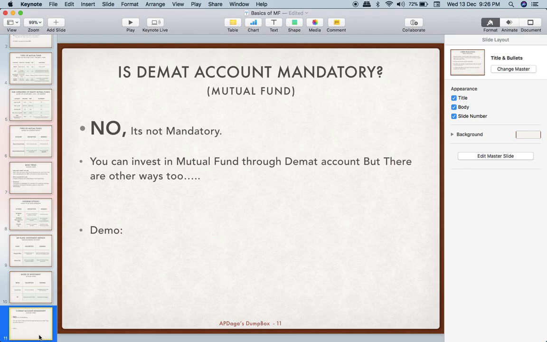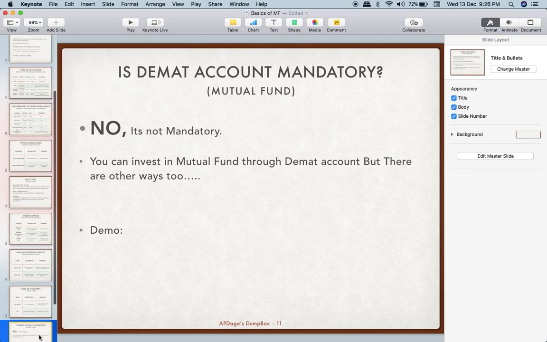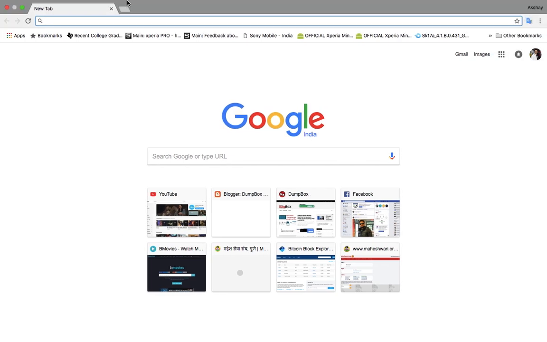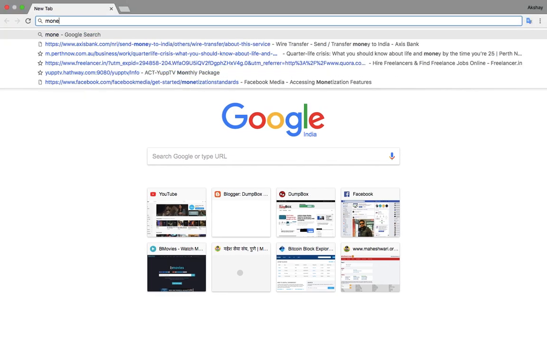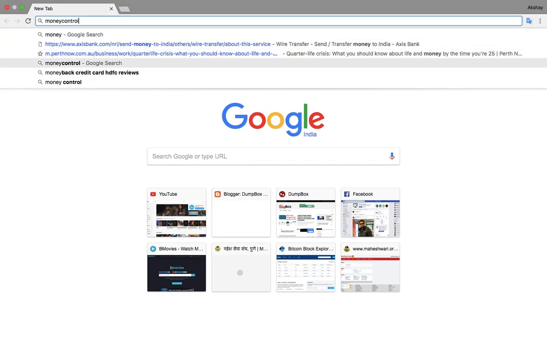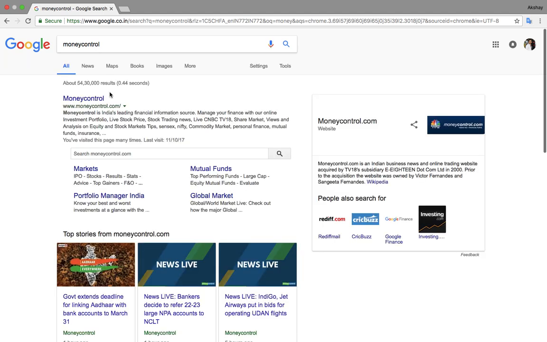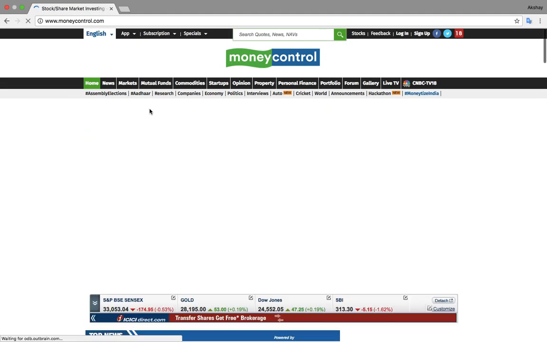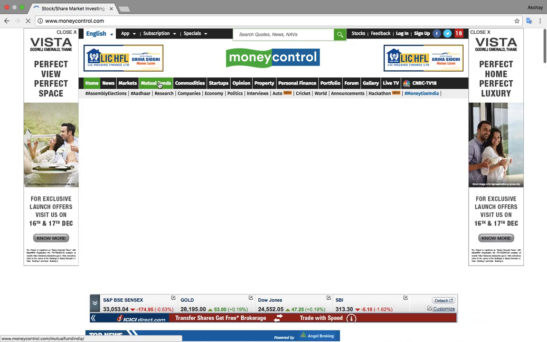Now I'll show you how to read mutual fund, how to check what plans are available and which one is good and which one is not. So basically go to Google. The very famous site for mutual fund is Money Control. There are many sites, but I'll just show you this. Go to Money Control, go to mutual fund.